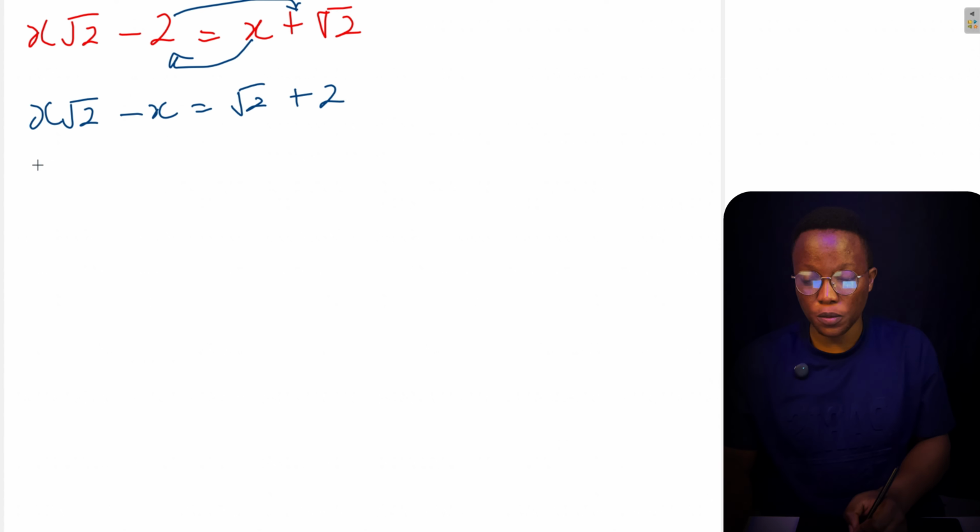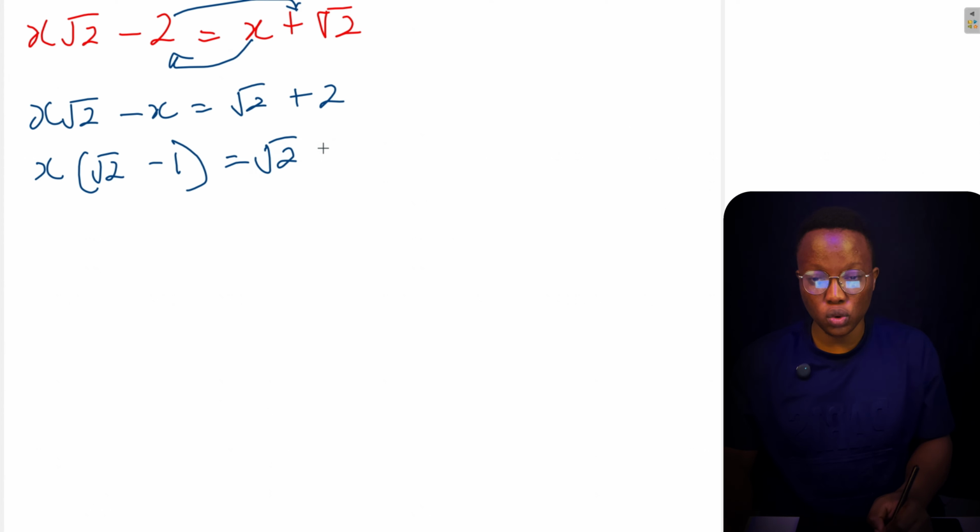So now we're going to say x into root 2 minus 1 is equal to root 2 plus 2. Okay? Now we can isolate x. What do we do next? So divide both sides by root 2 minus 1.